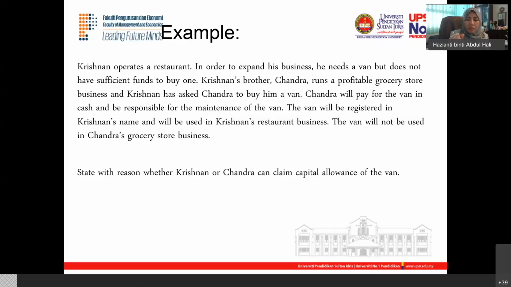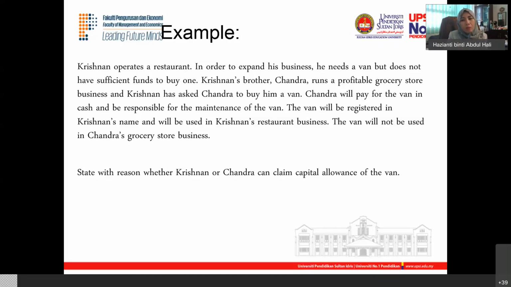Chandra pula. Chandra yang beli. Dia yang maintain. Okay. Tapi dia guna tak van tu untuk business dia? Dia tak guna. Dia tak guna untuk grocery store dia kan? Tapi adik dia yang guna. Pun dia tak boleh claim sebab syaratnya memang dia incur expenditure betul. Tapi nama bukan nama dia. Patutnya dia lah owner kan? Sekarang dia incur expenditure tapi dia bukan owner. Kalau dia bukan nama dia, dia tak guna pula untuk business dia.